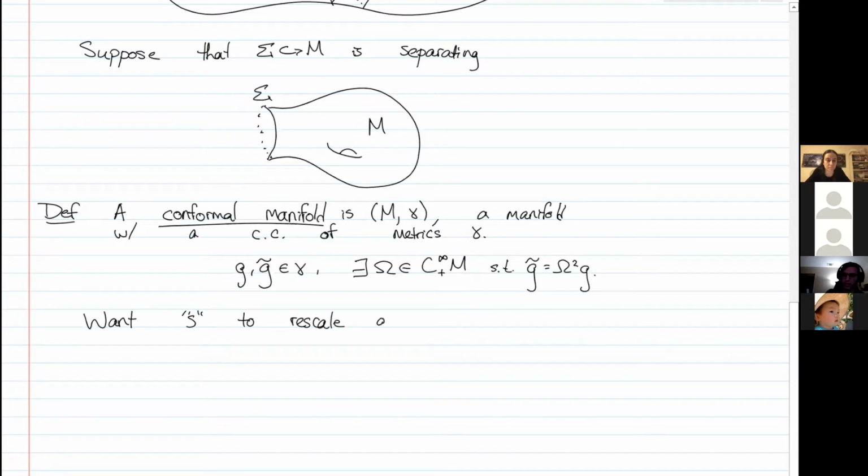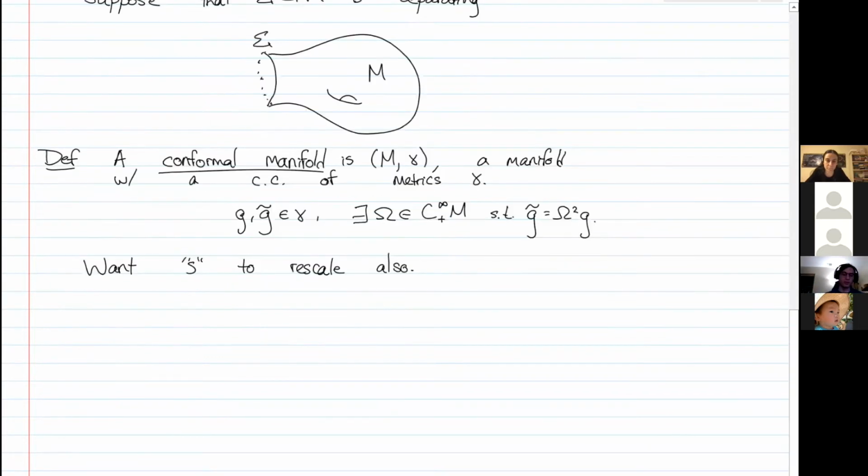So we need another notion of how functions, and more general things like tensors and so on, will rescale when we choose a different representative of our conformal class. So I have to define another few terms, and then we're going to get straight into the meat of it. I'm going to define what a density is.